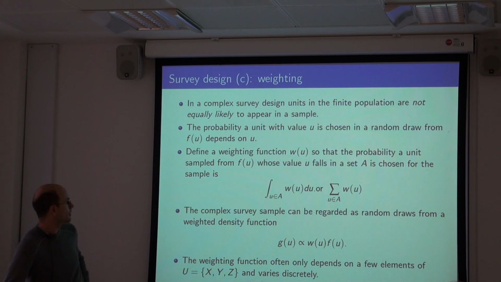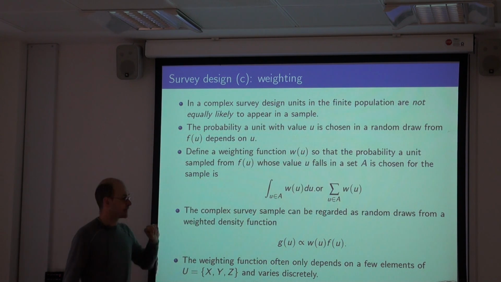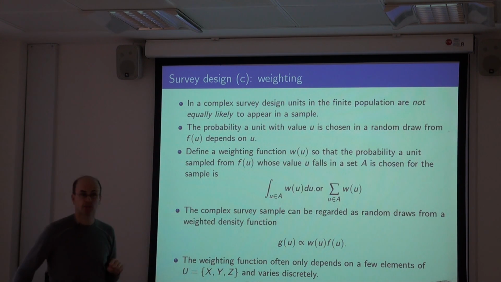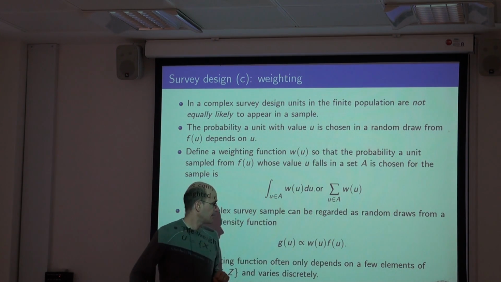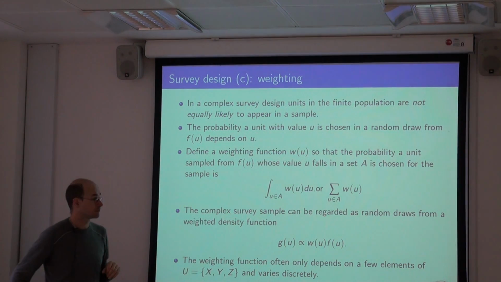How do you reweight? The true population density is f. We have some weighting function w, and what we observe is draws from a density g, and g is proportional to w according to this weighting function. So what we need to do to get an estimate of f is reweight g by essentially dividing by w.